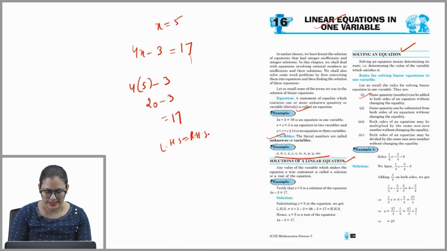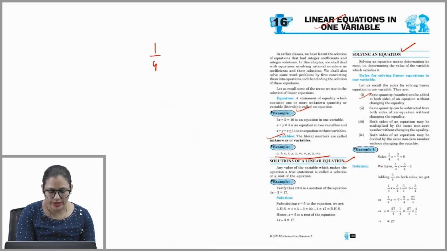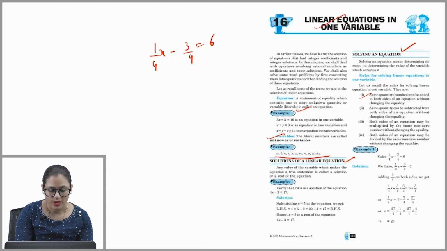Example 1, let's do it. 1 by 4 x minus 3 by 4 is equal to 6. So, what will we do? We will add 3 by 4 to both sides. 1 by 4 x minus 3 by 4 plus 3 by 4 is equal to 6 plus 3 by 4.